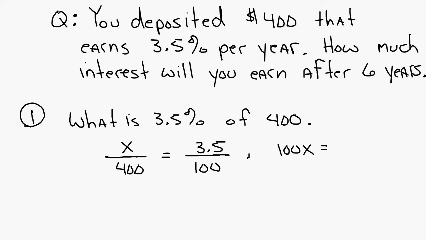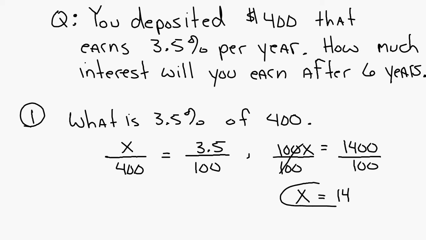That's 1,400. If you divide both sides by 100, the hundreds cancel, and x will be equal to 1,400 divided by 100 is 14. So that means that you're making $14 per year on your 400 that you put in the bank.